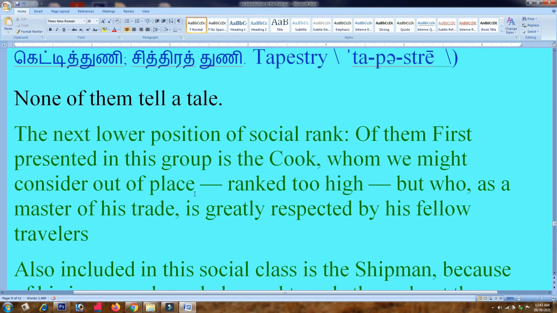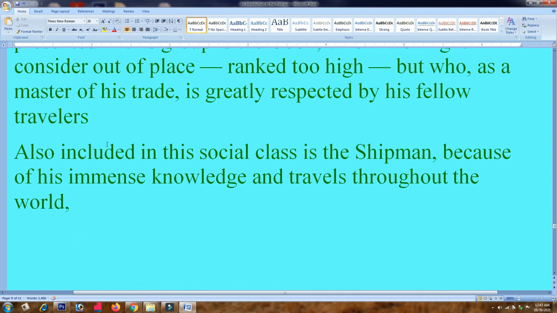The next lower position of social rank. The first presented in this group is the cook, who we might consider out of place, ranked too high, but who, as the master of his trade, is greatly respected by his fellow travelers.